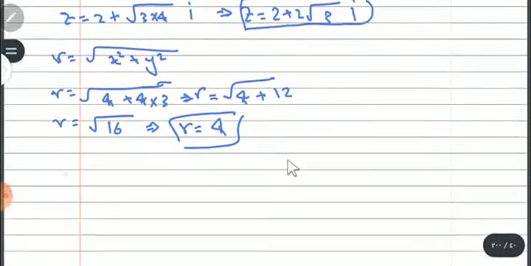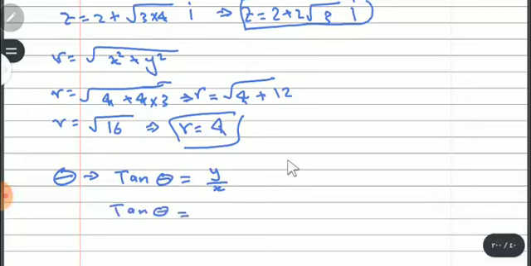Now this is r. Now let us find the theta, or the argument. For the theta, we can use tan theta equals y over x. So tan theta equals, who's y? Obviously the imaginary part, which is 2 multiplied by square root of 3. And who's x? The real part, which is 2. Now I can cancel 2 from the denominator with 2 in the numerator.